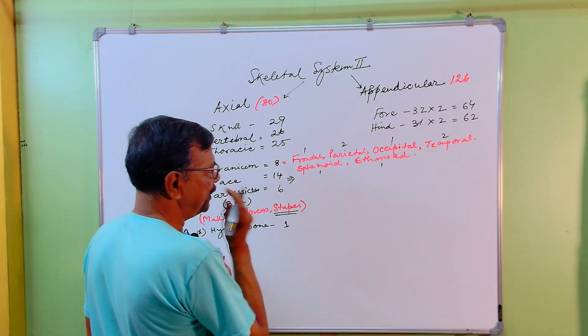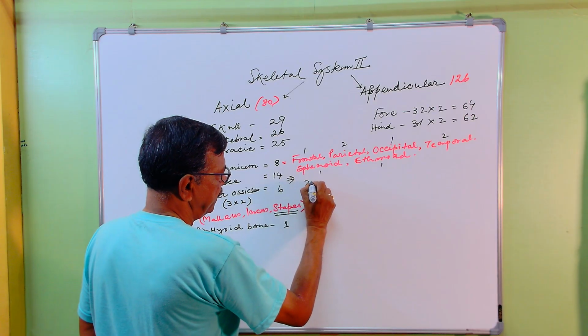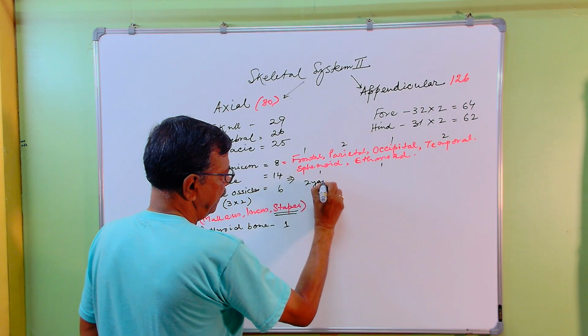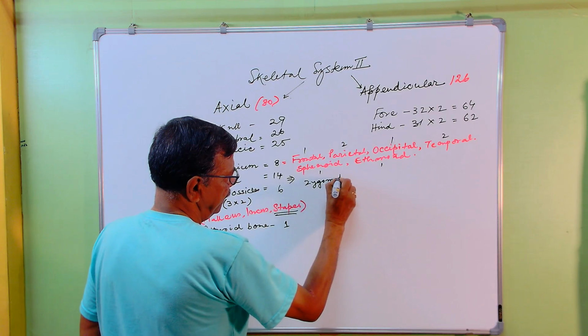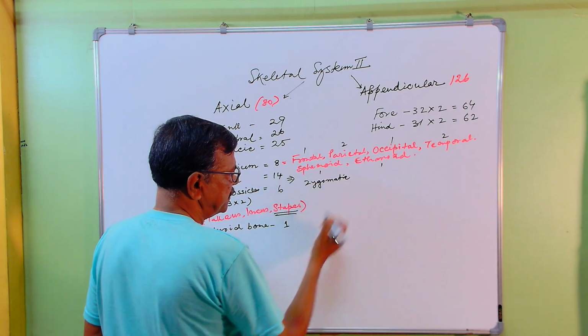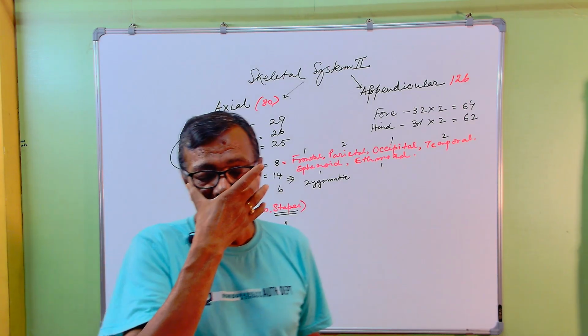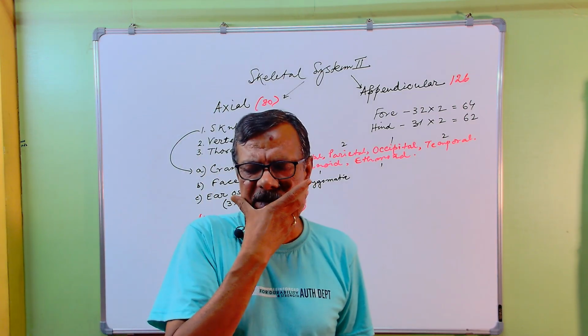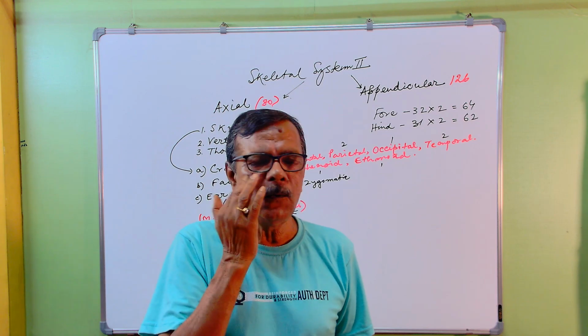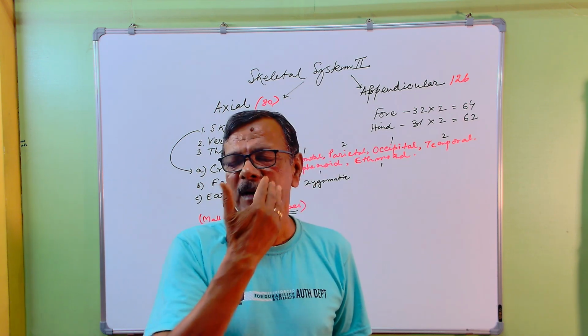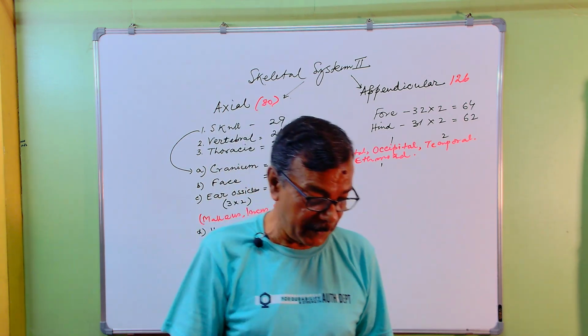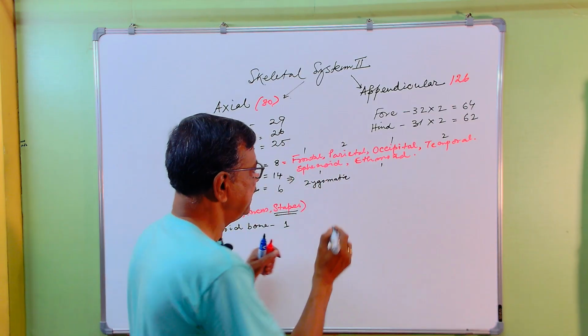So there are two zygomatic bones. Then you say about the upper jaw. This upper jaw is known as the maxilla.